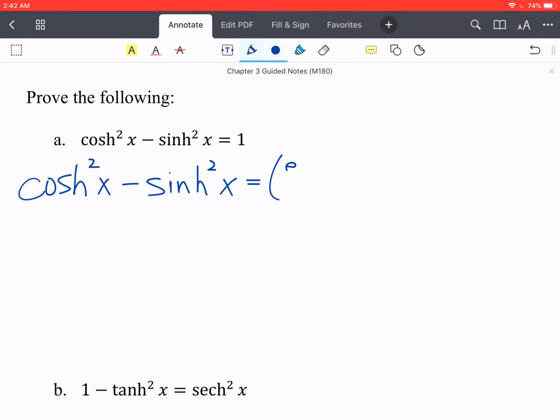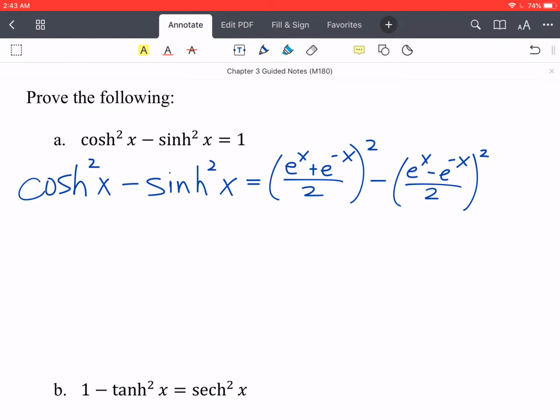So we'll do cosh, that's e to the x plus e to the negative x all over 2, squared, minus sinh, which is e to the x minus e to the negative x all over 2, squared.